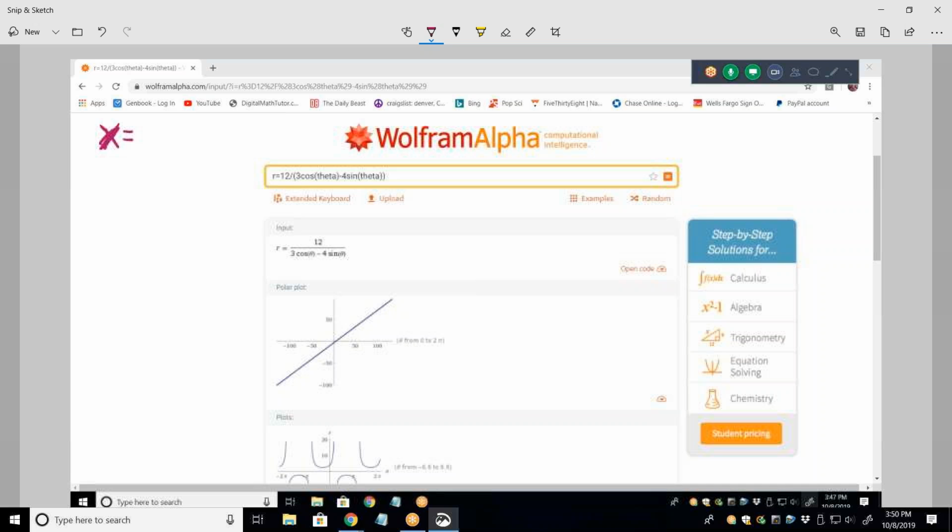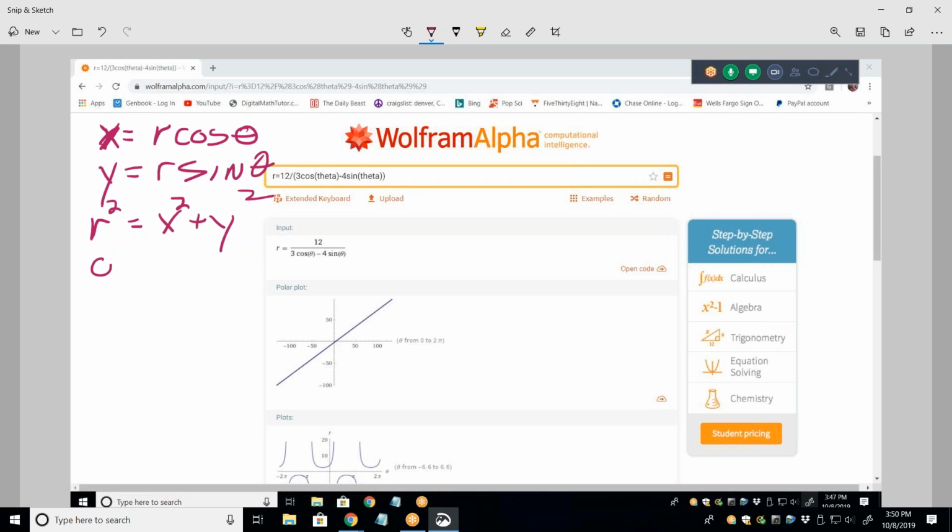It's x equals r cosine of theta, correct? Yes, x equals r cosine theta. Y equals r sine of theta, and r squared equals what? Oh, x squared plus y squared.